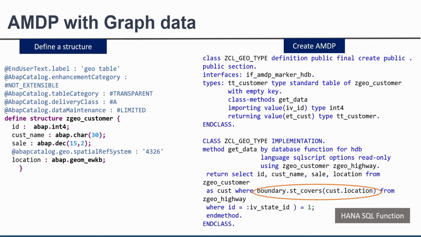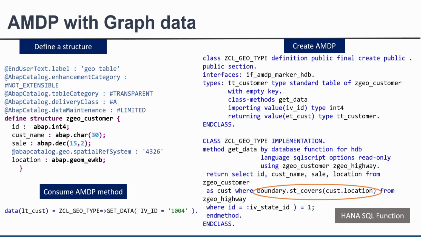These are the new SQL functions introduced by SAP, and you can learn more about these HANA SQL functions in the SQL function guide published by SAP. Then if I want to consume this AMDP, you can write a statement like: data(lt_cust) = zcl_geo_type=>get_data( iv_id = 1 ). Here I call the method get_data and pass the parameter IV_ID with a value.